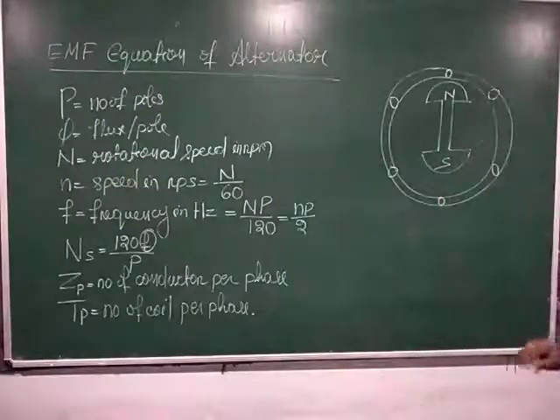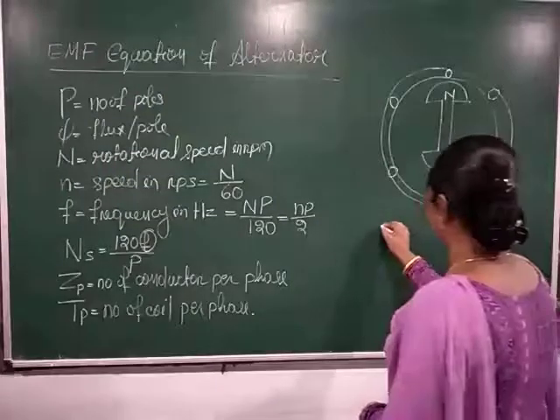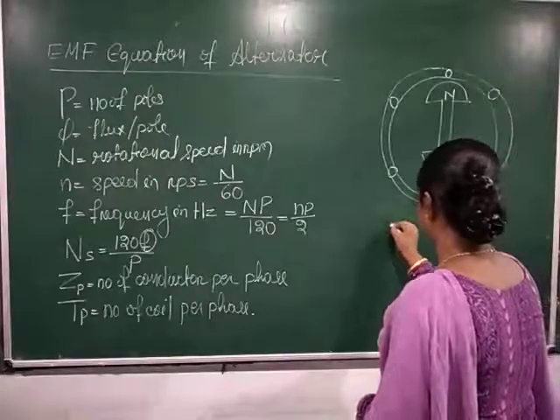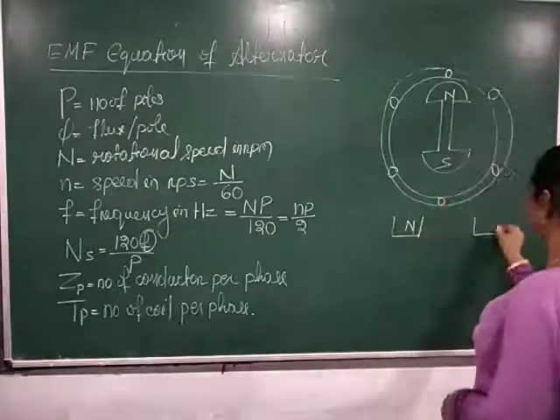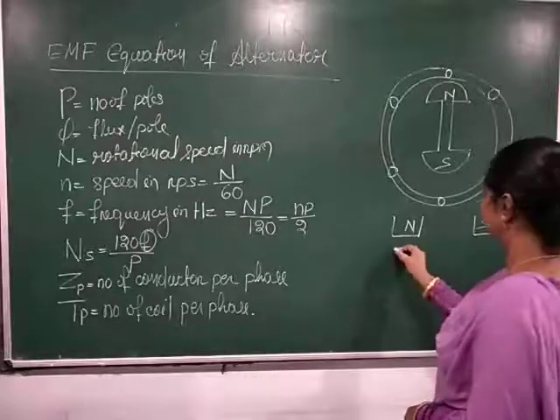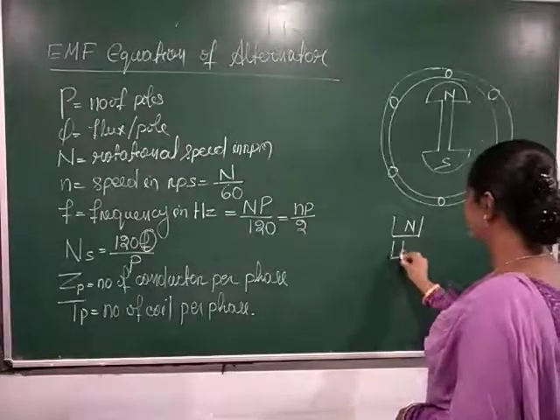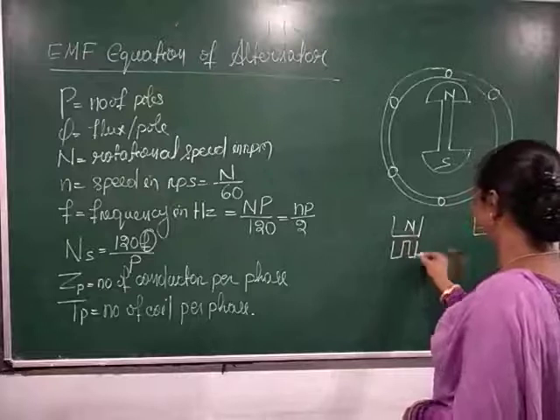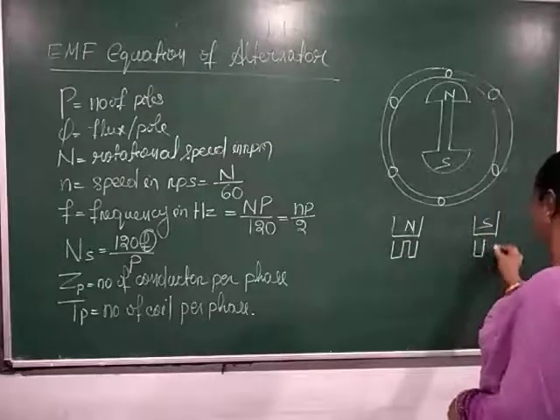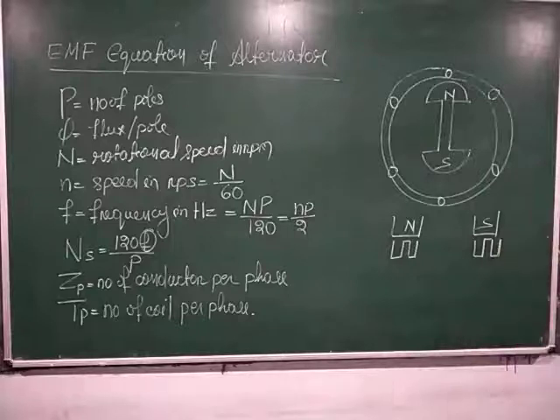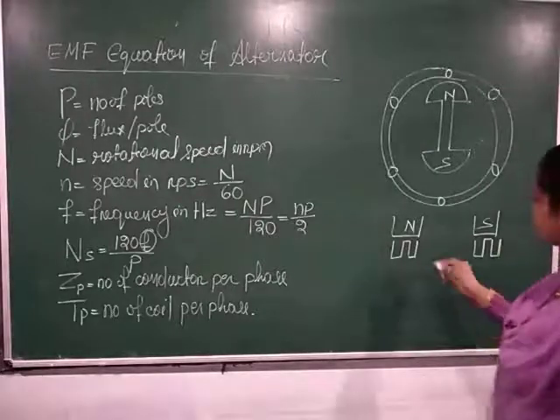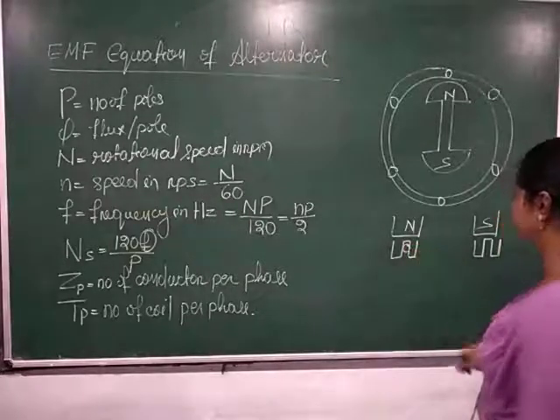Suppose this is the N pole, this is the S pole. In the slot I will place a conductor.